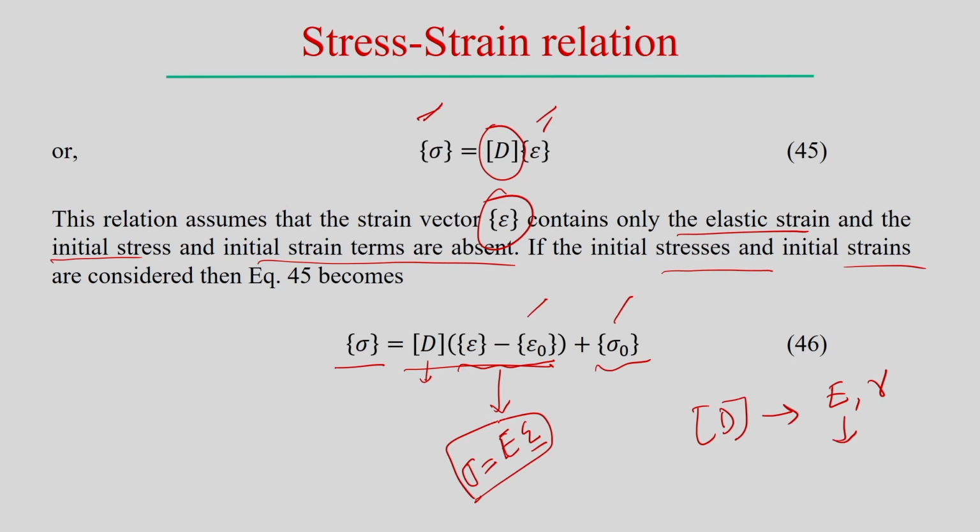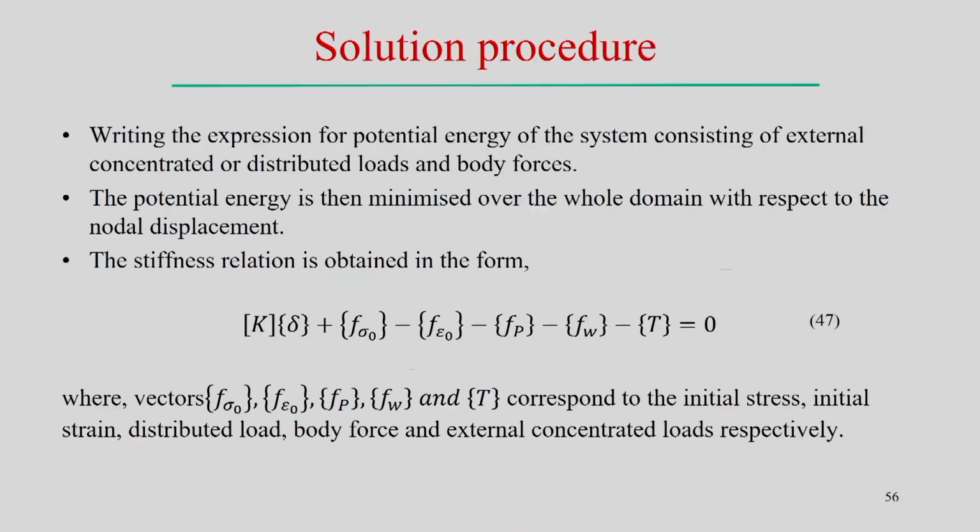It is a similar nature of equation, but in the 3 dimensional case we replace E in terms of D, and stress and strain in terms of vectors. That is the difference from the 1 dimensional case to the 3 dimensional case. The D matrix will always contain only the material properties, but the entry at a particular position of this matrix will be different.